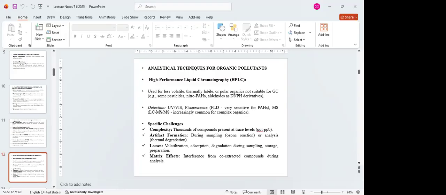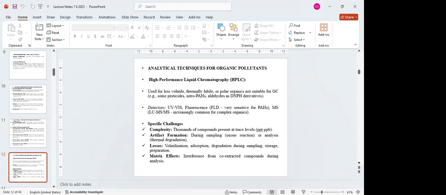Now, that retention time is also a reaction time, particularly when it has to do with ozone, which is very reactive, or even the analysis and then thermal degradation. So it becomes a challenge for this set of identifiers.